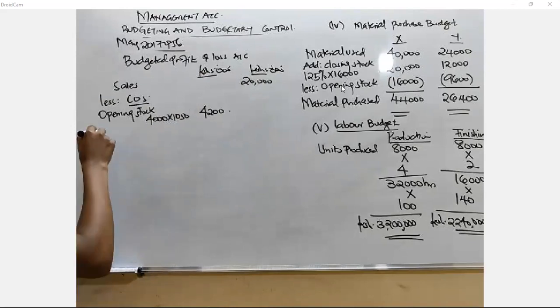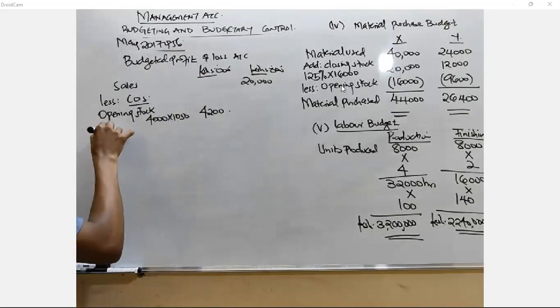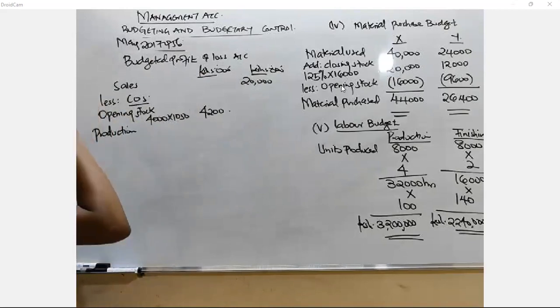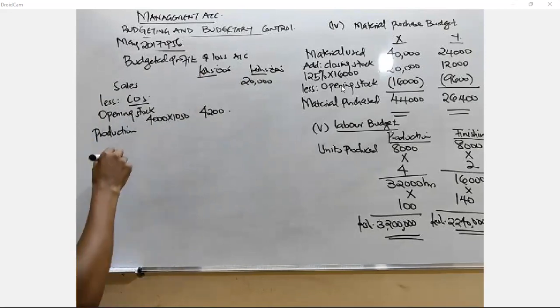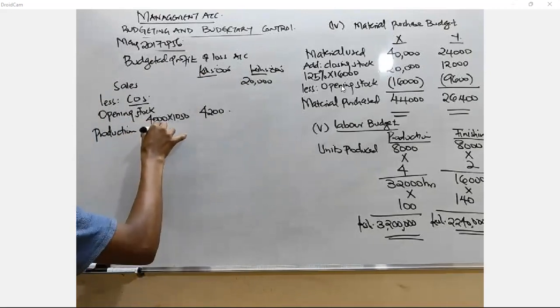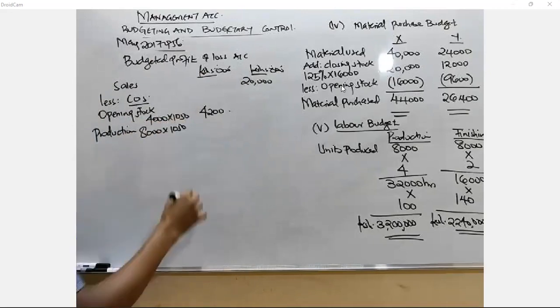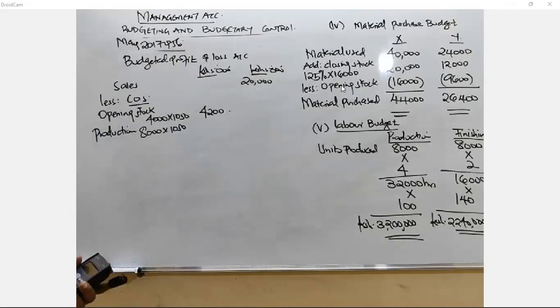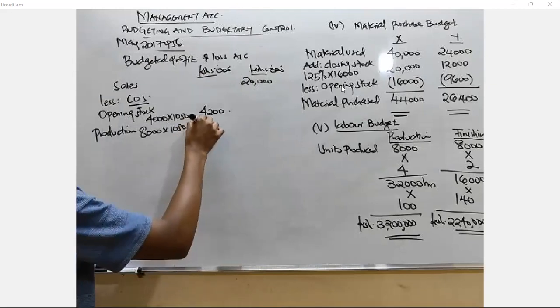Then we have our production. How much is our production? Remember the units produced, we said, is 8,000. We are just going to be using a cost per unit of 1050 shillings. So it will be 8,000 times 1050, getting 8,400.